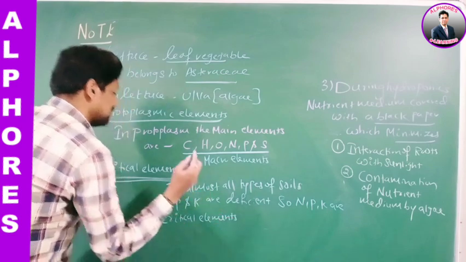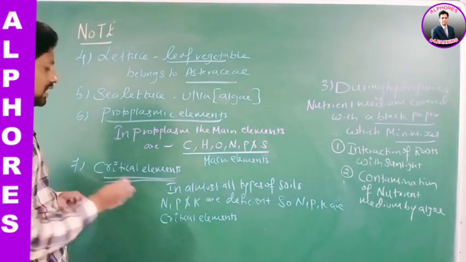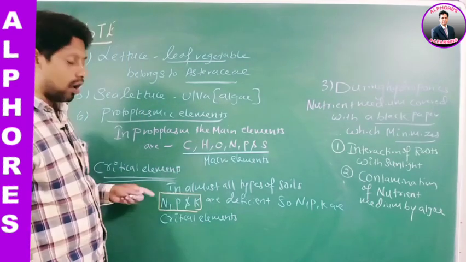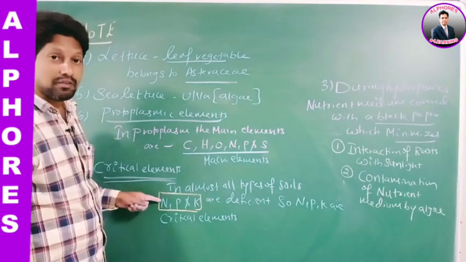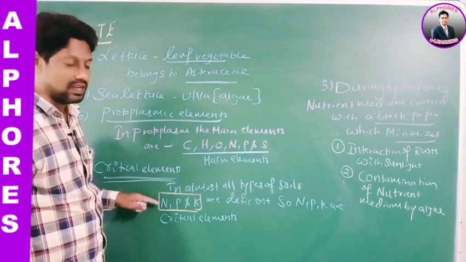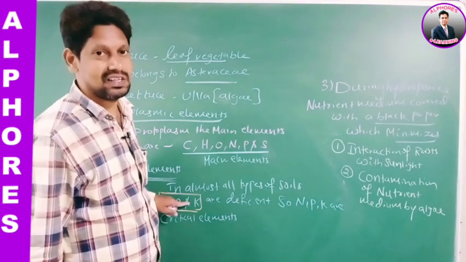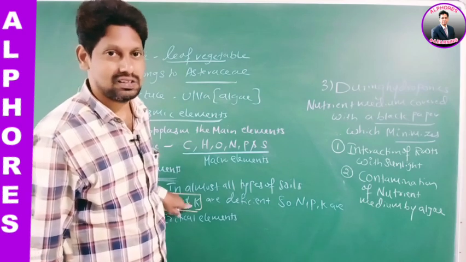Listen to this statement. Nitrogen, phosphorus, potassium are deficient in the soil. Then how does a plant get these 3? So a farmer should supply nitrogen, phosphorus and potassium in the form of fertilizers.